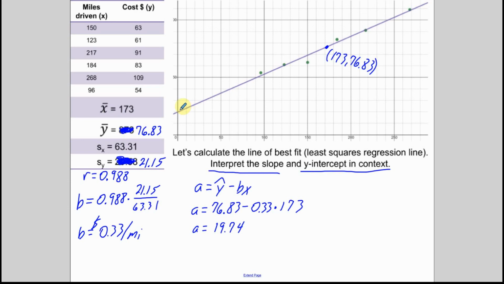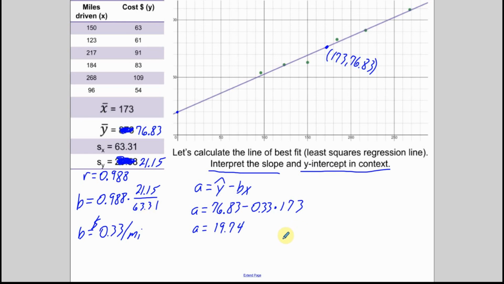So remember this point here, because it's on the y-axis, that's when x is 0. So we're saying if you have driven 0 miles, your cost is $19.74. So that's probably like the daily rental fee, right? So on average, it costs you $19.74 per day, and you have to pay for the mileage.